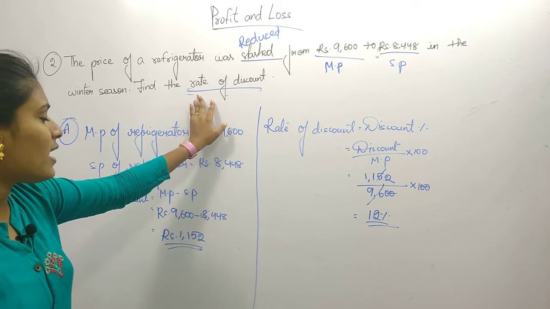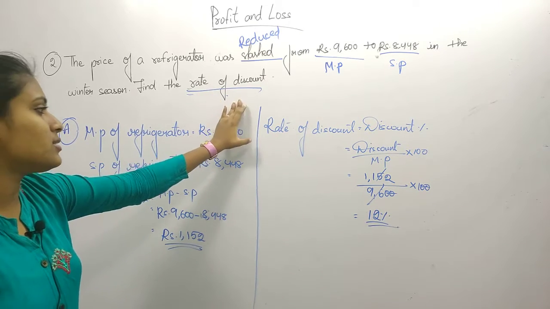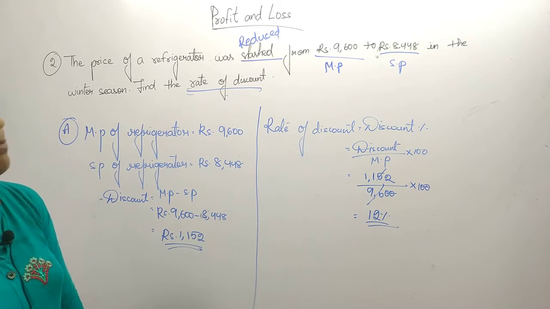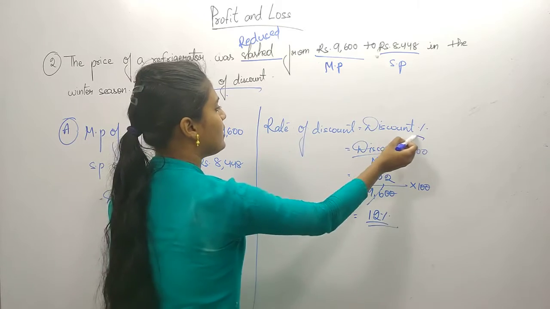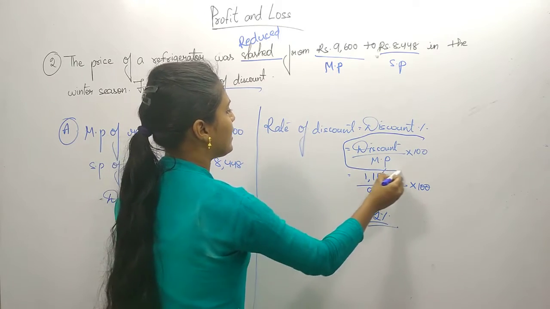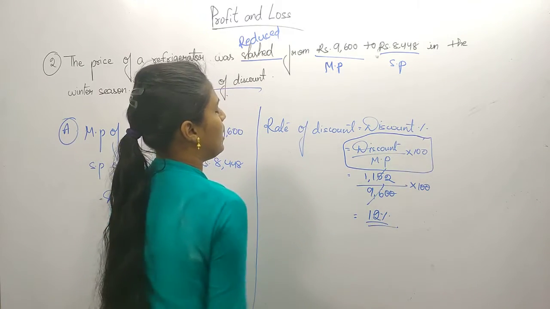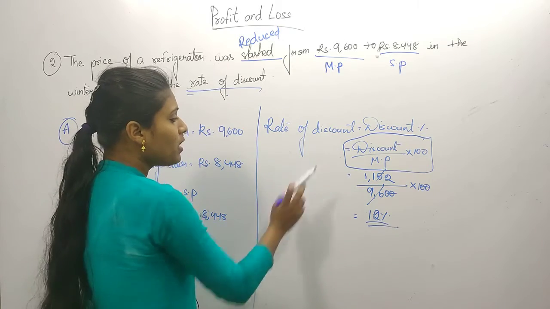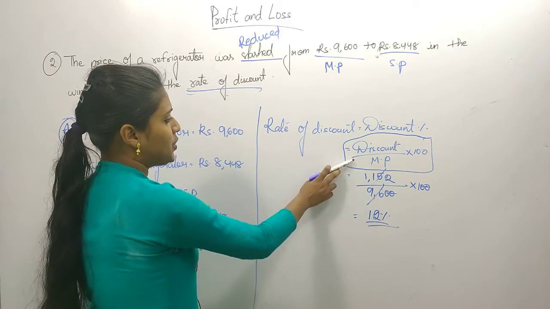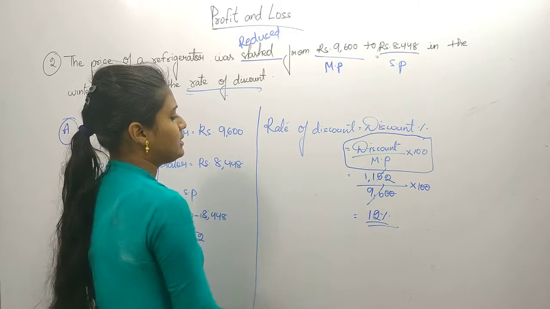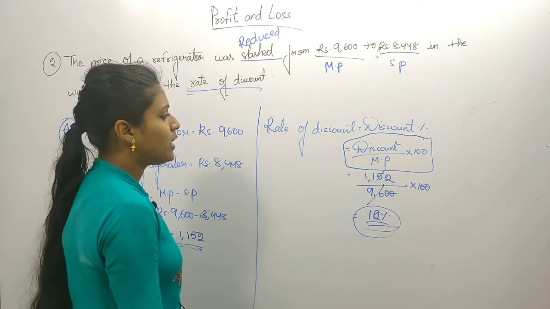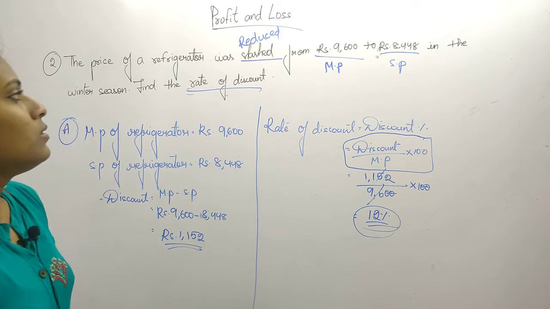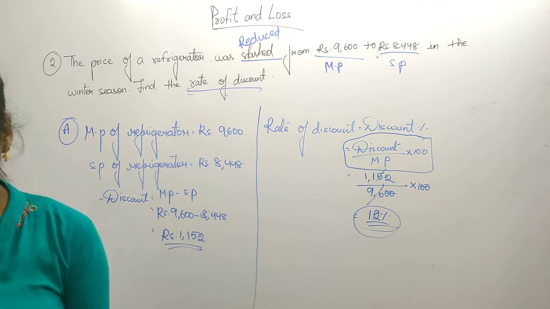And then, rate of discount is equal to discount percent. The discount percent formula is discount by market price into 100. By substituting the discount and market price, we finally get the answer, 12%. Okay, we solve the next question.